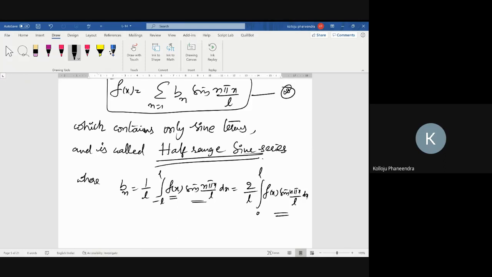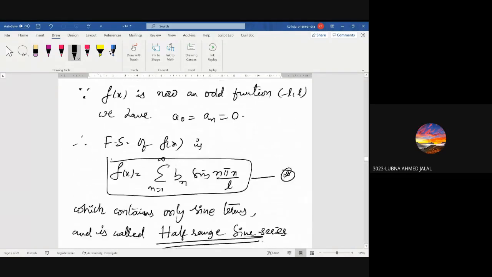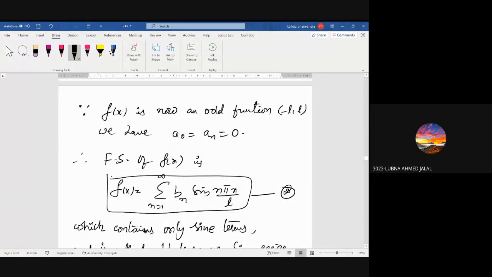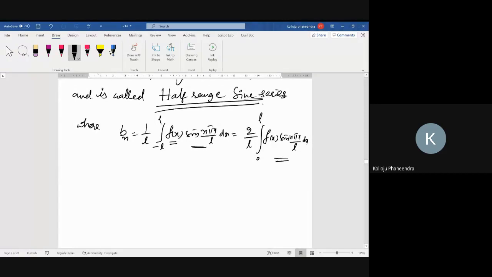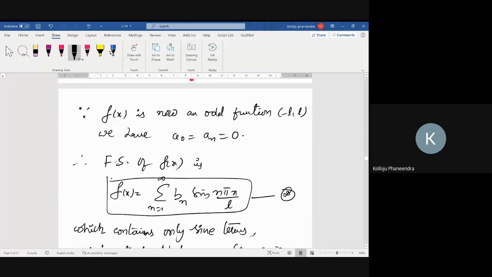Any doubts? Check out. The concept is this: half range cosine series and half range sine series. Why is a0 zero in the half range sine series, whereas in the half range cosine series a0 is considered in the Fourier series? See, in the half range sine series, what is the function?